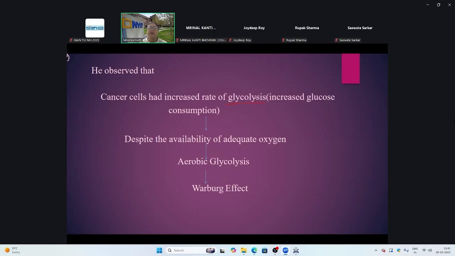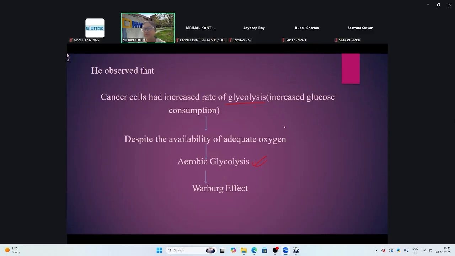And they are not really going to use all the adequate oxygen that it has. And so typically glycolysis, I'm not going to go into the cell biology of it, but the bottom line is that we call this aerobic glycolysis.